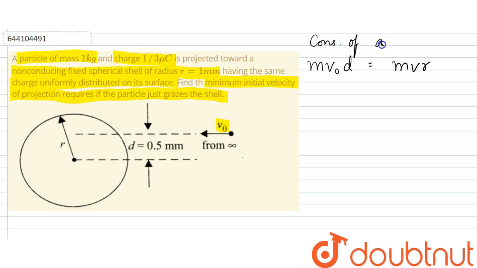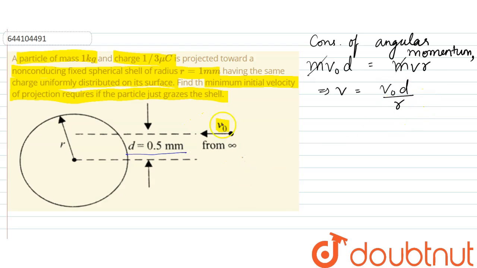Conservation of angular momentum, we can write this. So from here the velocity is equal to, m gets cancelled, v naught d by r. Now what is d? Since r is 1 millimeter, the distance d is given as 0.5 millimeter.